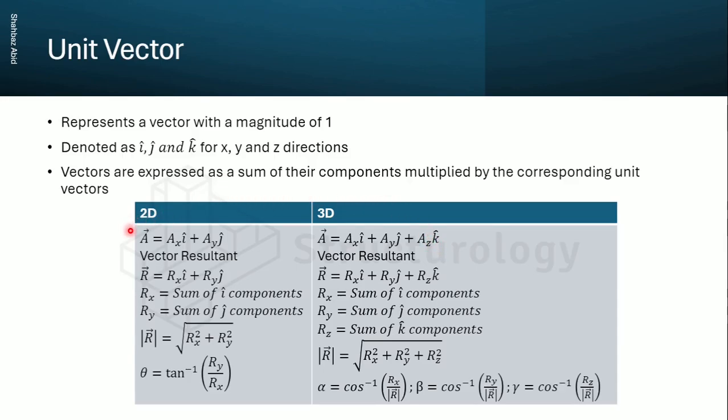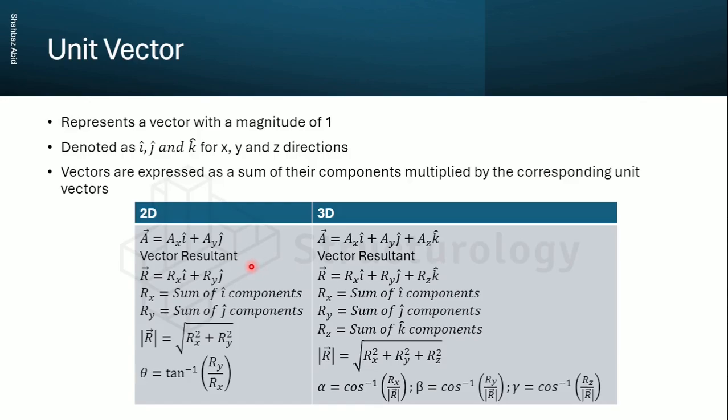So we can express any vector with respect to its components as some number i plus some number j, whereas in the case of 3D it is going to be some number times i plus some number times j plus some number times k.